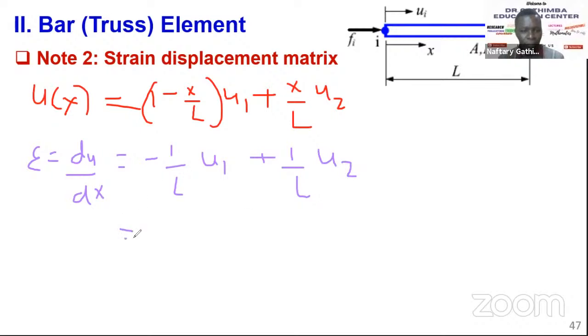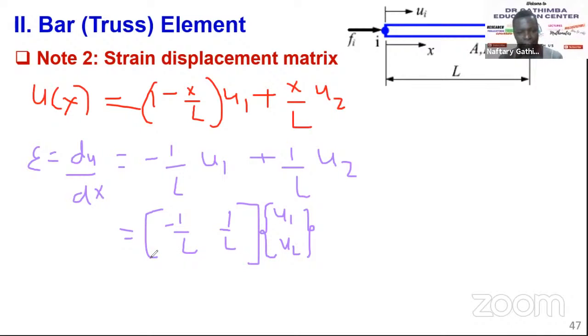Let's write it in matrix form. This will be minus 1 over L, 1 over L, times u1, u2. You put the braces there.